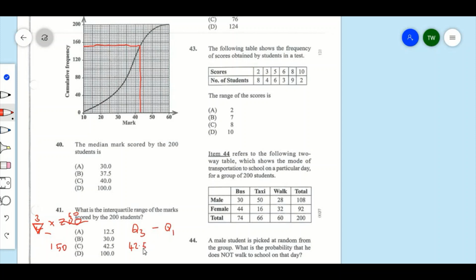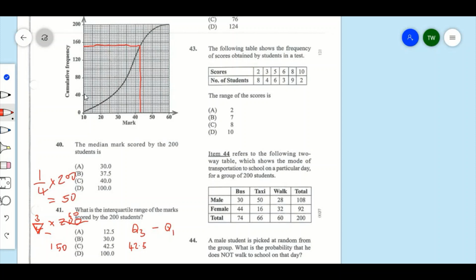So Q3 would be about 42.5. Now we need to find the Q1 position, and that's going to be 1/4 of 200. And 1/4 of 200 gives us 50. So we need to find 50 on the cumulative frequency axis, the y-axis here. So this is 40, and remember that each of the small boxes is 4.